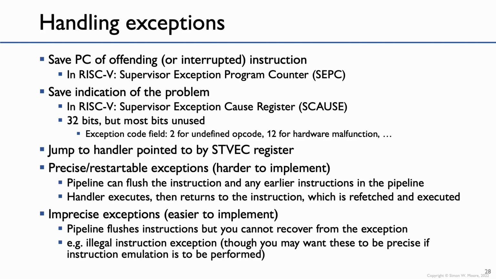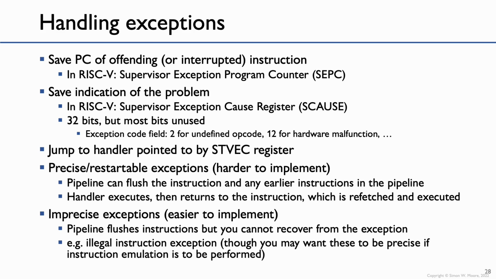So with a precise exception, the thing that caused the exception, which might be something like a memory fault, the pipeline tends to have to be flushed of any instructions, and the handler then executes. Critically, at the end of the handler, we want to return to the instruction which caused the exception, and we typically execute it again.